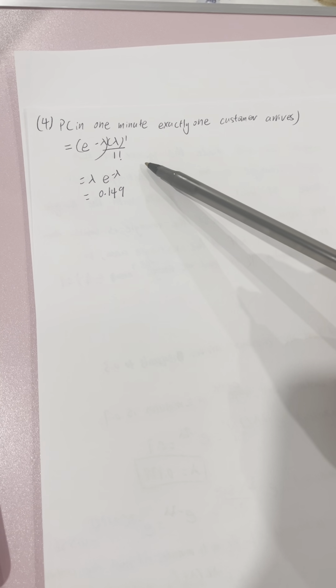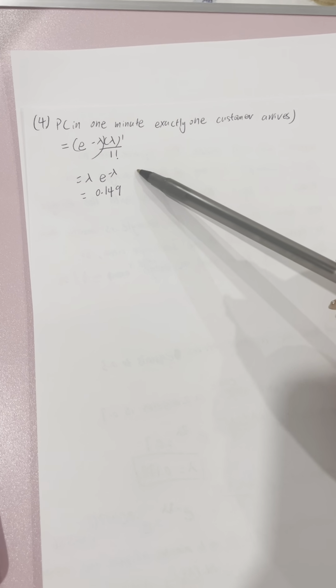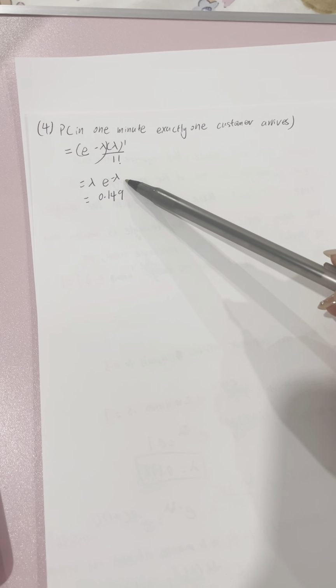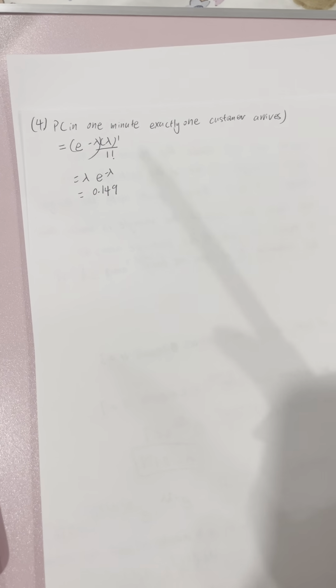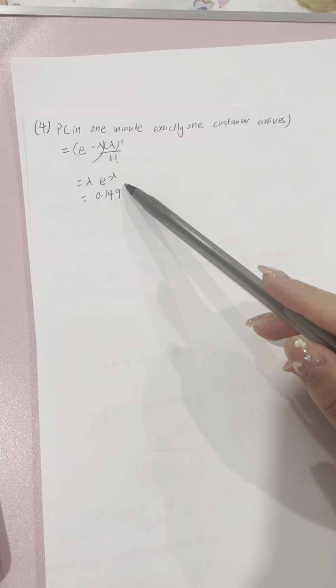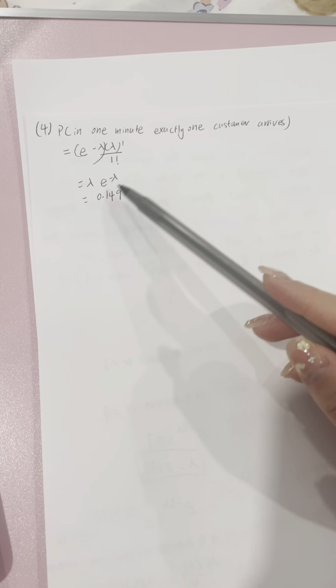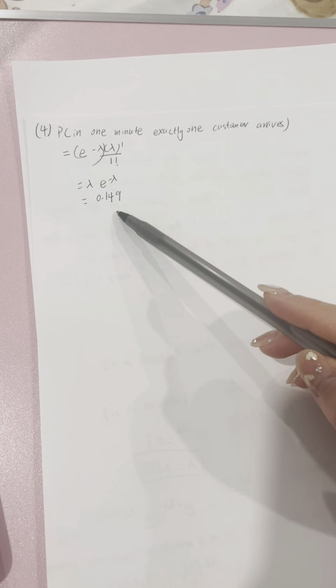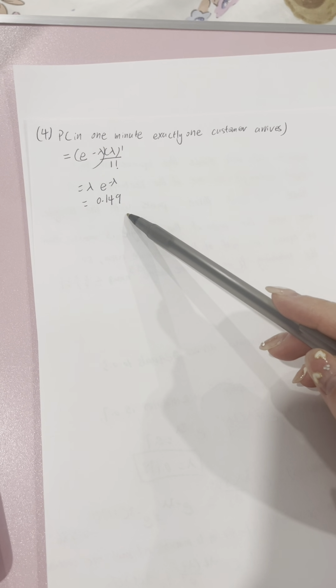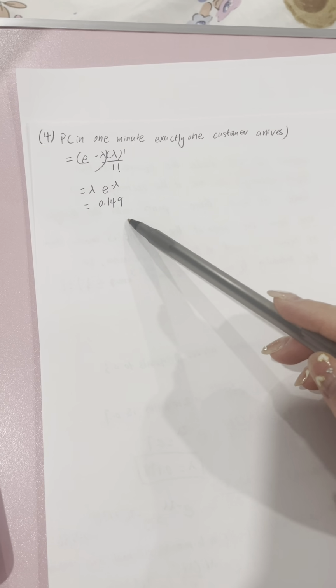So 1 is the time t, and then we simplify the equation. We get lambda e to the negative lambda, and lambda is equal to 0.178, which was solved in part 1, and then we finally get 0.149 as the probability that in 1 minute exactly one customer will arrive.